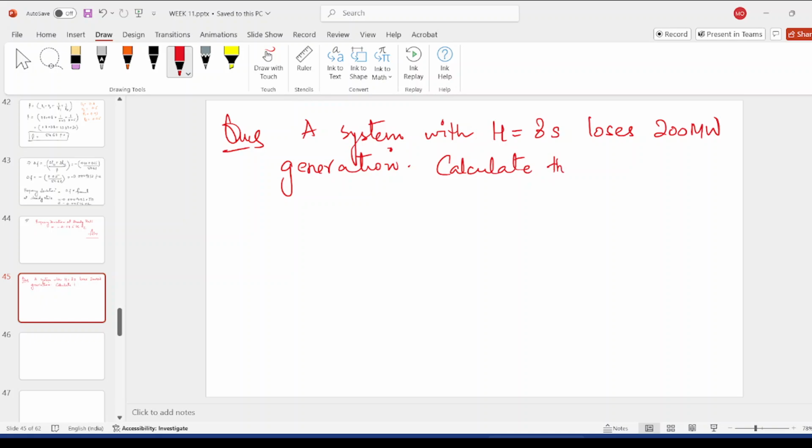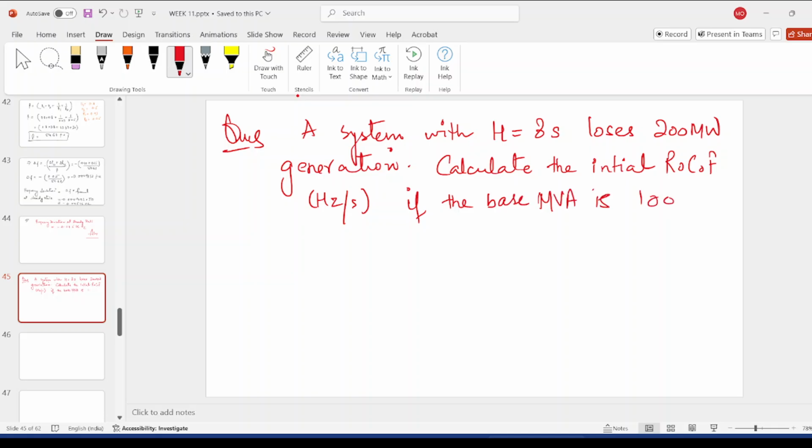Calculate the initial ROCOF, rate of change of frequency, in hertz per second, if the base MVA is 1000.